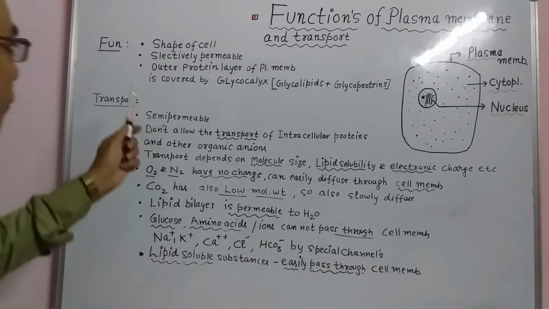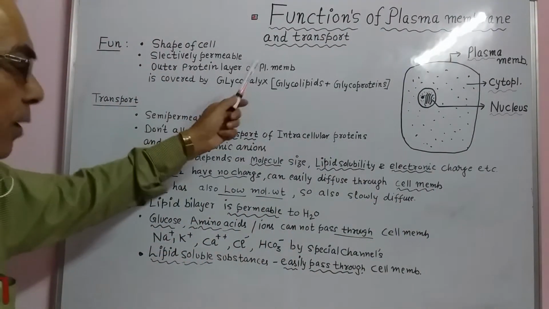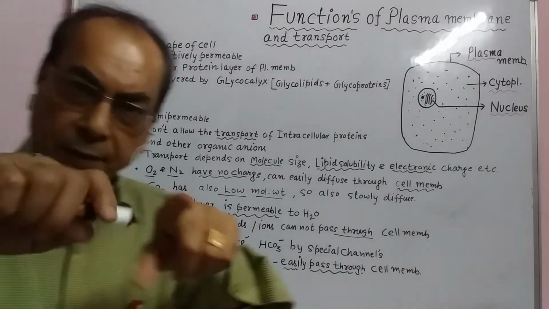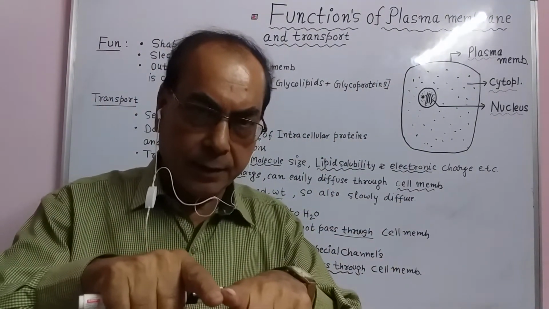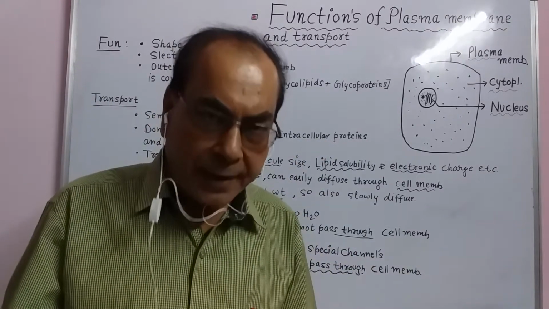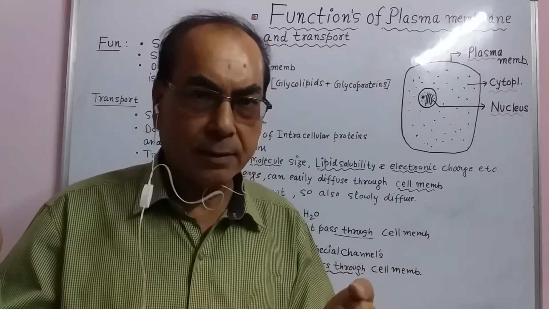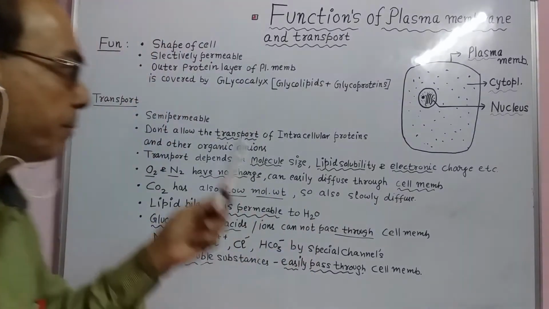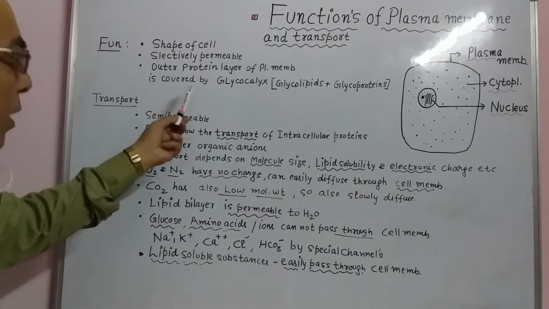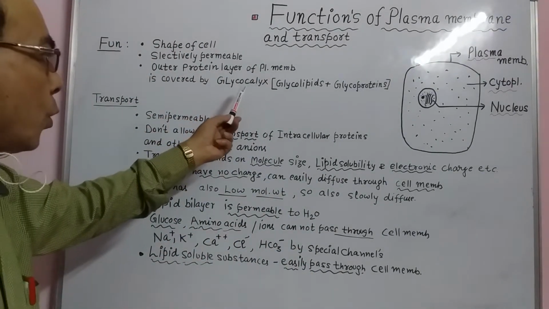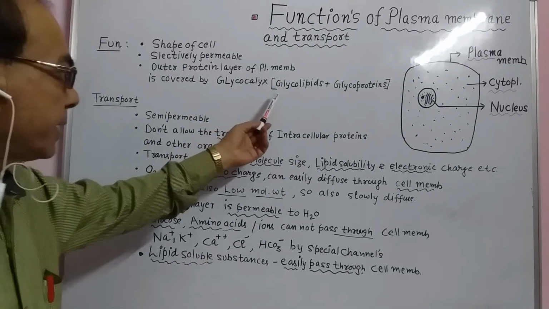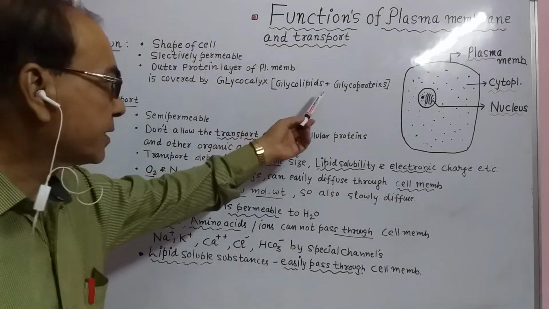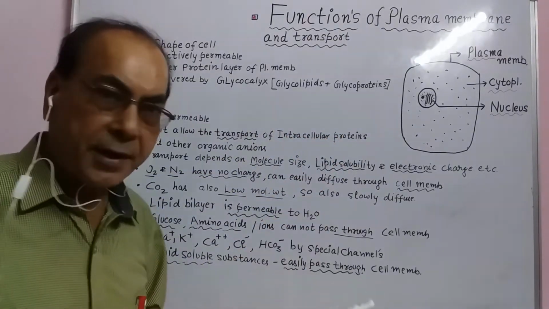Then, the outer protein layer of the plasma membrane. When we see the outer layer of the plasma membrane, which material makes it? It is covered by the glycocalyx, which contains glycolipids plus glycoproteins.